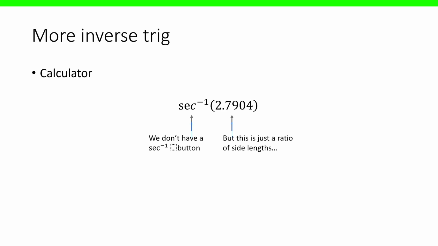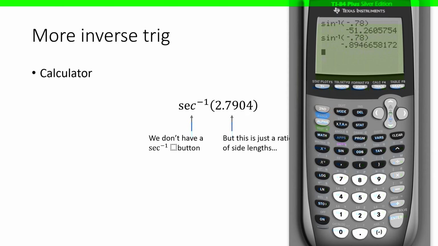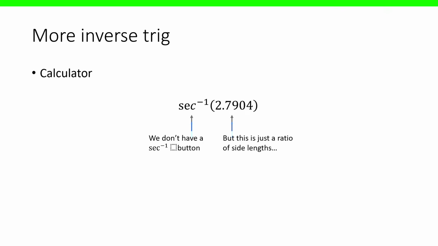Now this one here is real tricky because we don't have an inverse secant button, right? We have inverse cosine though. So something we need to recognize here is that this is a ratio of sides. It's in the form of hypotenuse divided by adjacent. If I want this to flip around and become adjacent divided by hypotenuse, I'm still talking about the same triangle and the same angle.